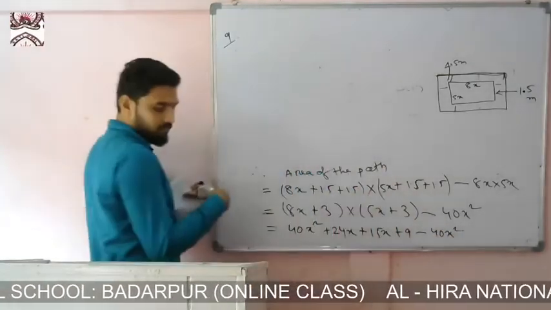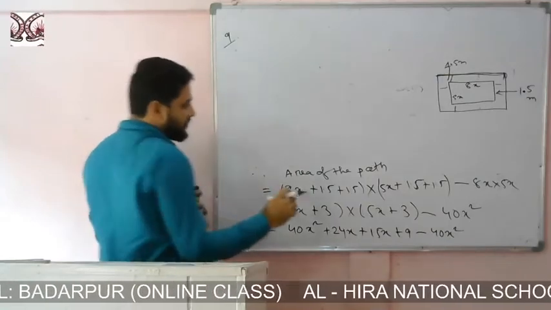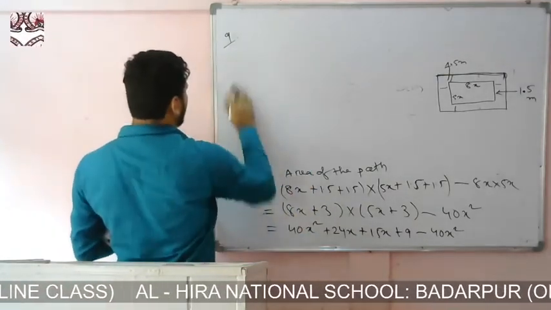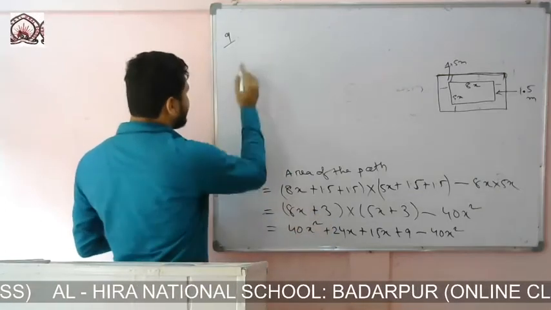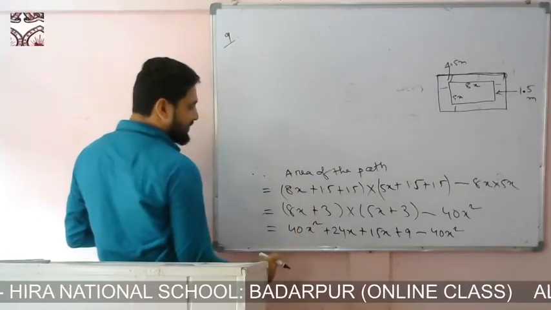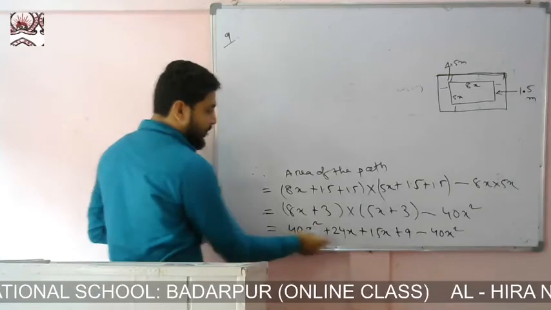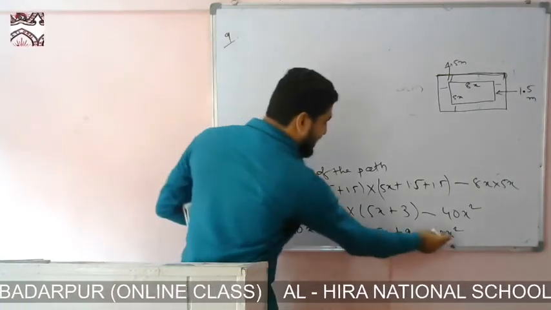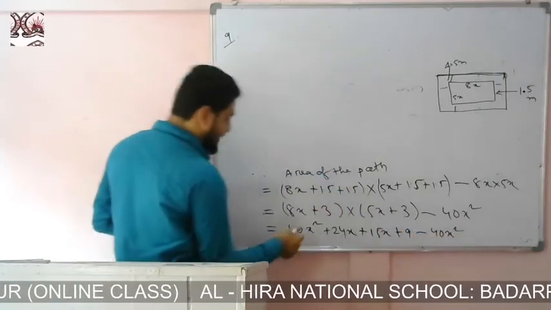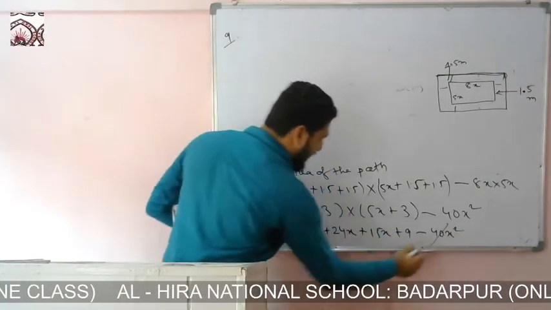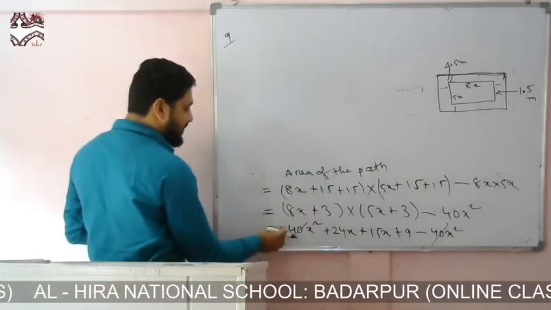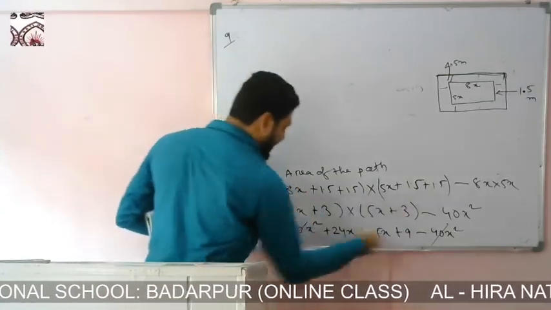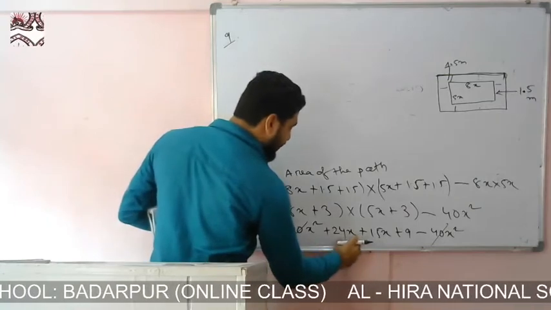Here you see, I can cancel this portion and this portion, because here plus 40x square, here minus 40x square, so I can cancel these two terms. So what remains is 24x plus 15x.